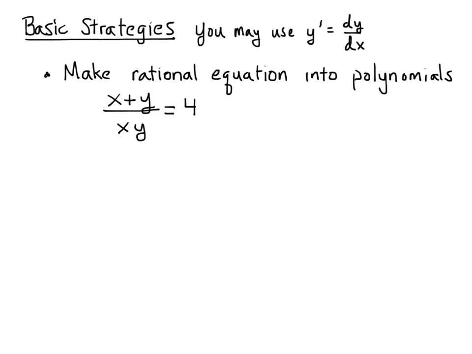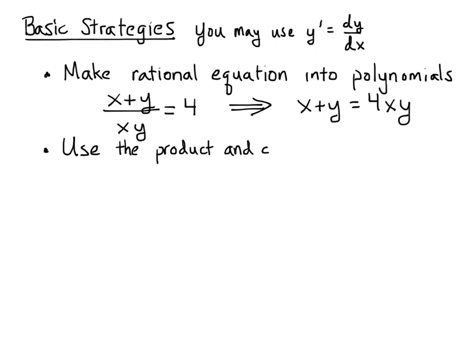Here's another example. If I have x plus y over xy equals 4, I want to make that into x plus y equals 4xy, because that only involves using the product rule, not the quotient rule, like you would have to do here. Then you do this carefully.